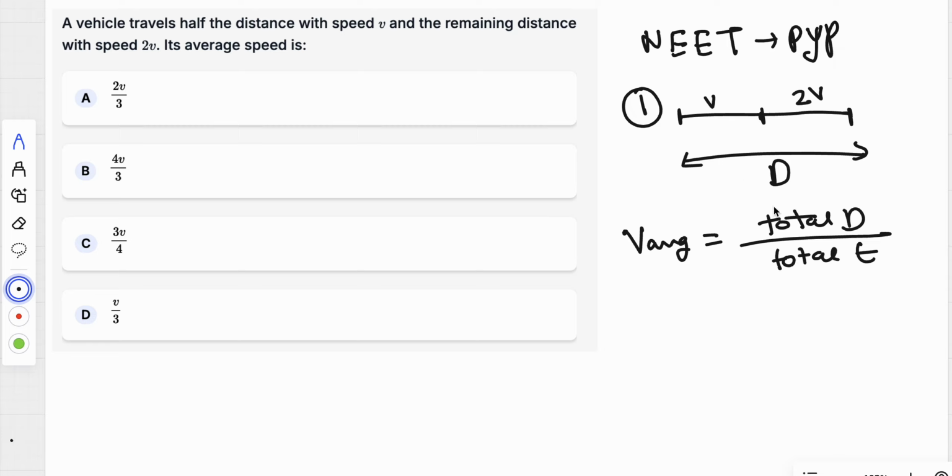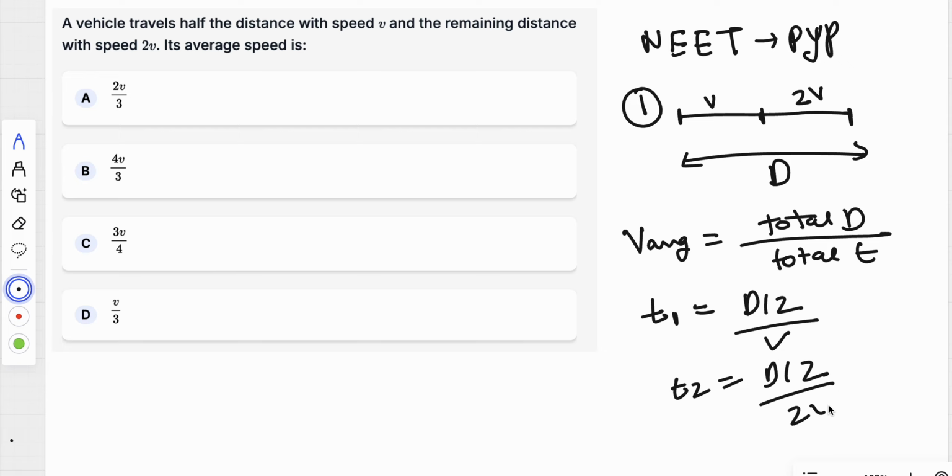Right, what is the total distance? We know it is d, but total time, do we know how much time the vehicle took to travel the entire thing? No, right? So to travel half the distance the time is t1; the distance will be d by 2, and the speed is v here. For the other half, the distance will be d by 2 and the speed will be 2v. So what is v average?